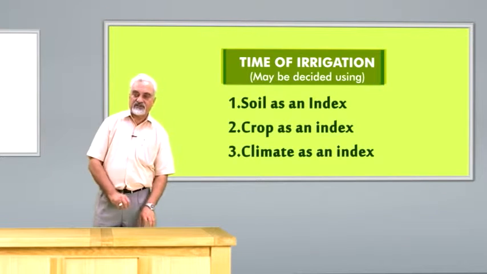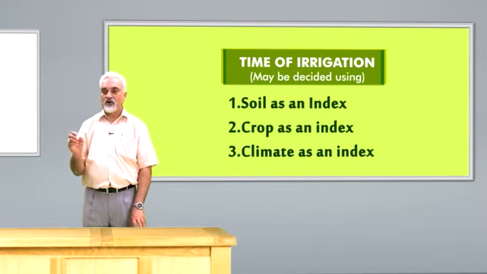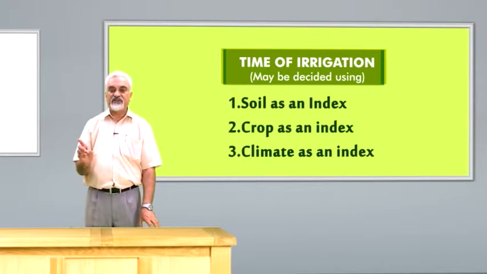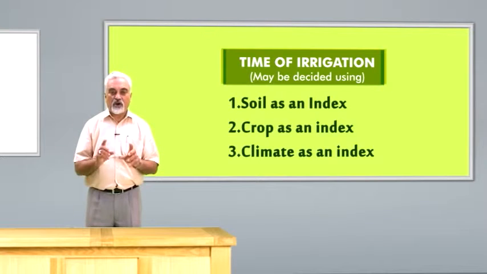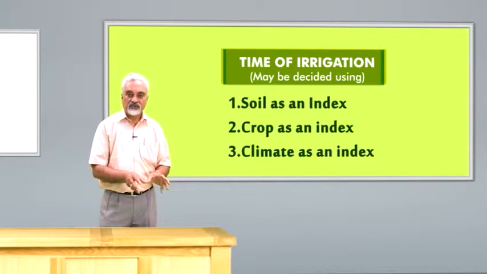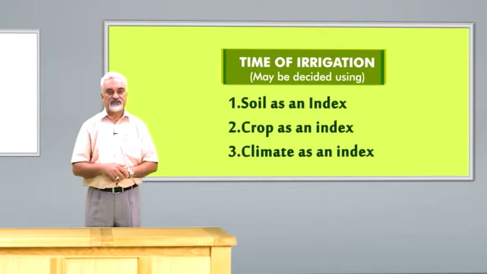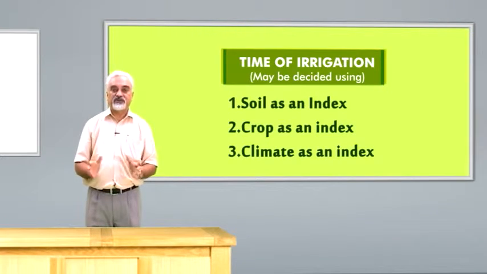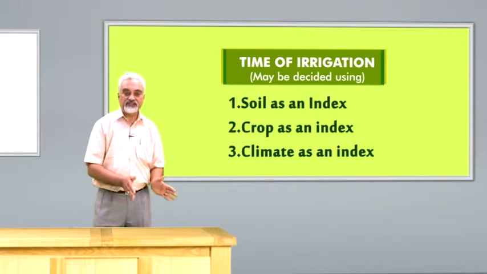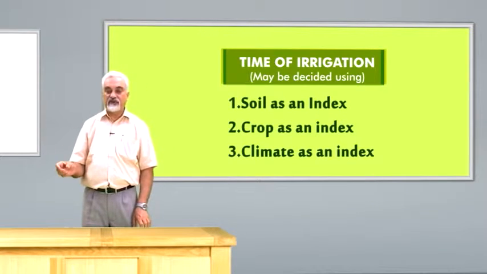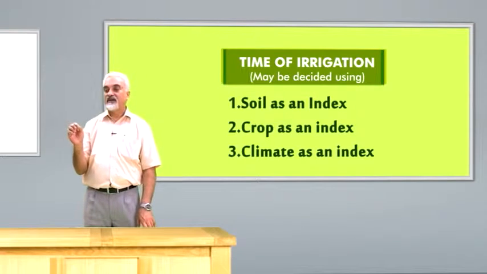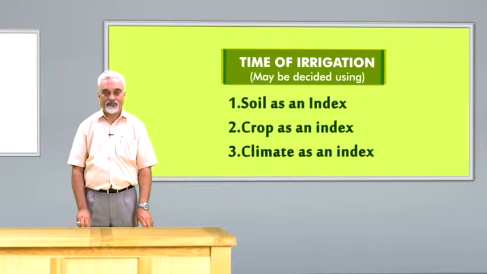Now, climate parameters can also be used as an index for scheduling irrigation, and it is based on the fact that for optimum biomass production, the crop plants must transpire at potential evapotranspiration, and irrigation must be applied when the actual evapotranspiration starts falling short of the potential evapotranspiration.